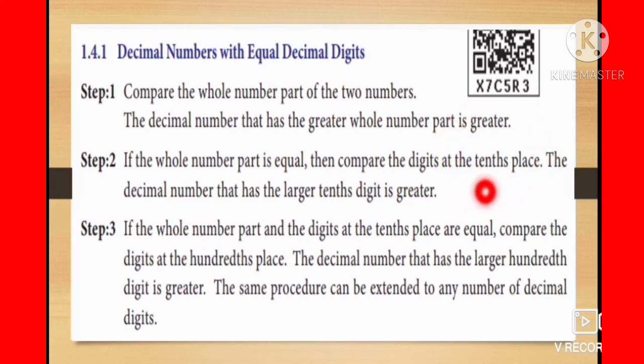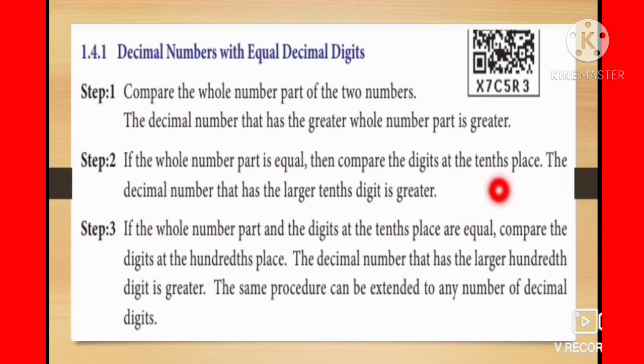So which is the 10th place? The first digit after the decimal point is the digit at the 10th place. So here we have to compare the 10th place digits in both the numbers.